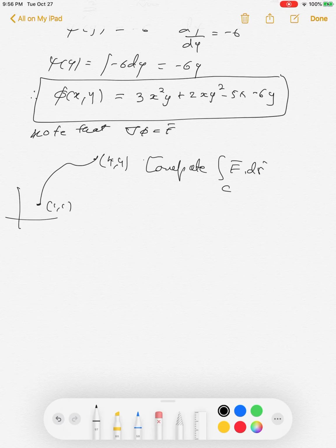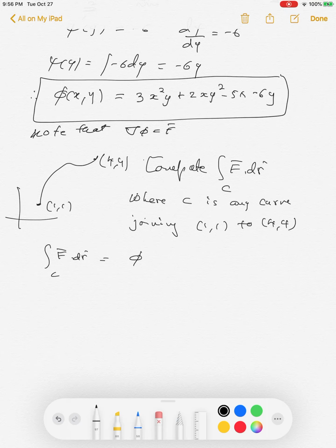So let's compute the line integral of this function over any curve C, where C is any curve joining (1, 1) to (4, 4).